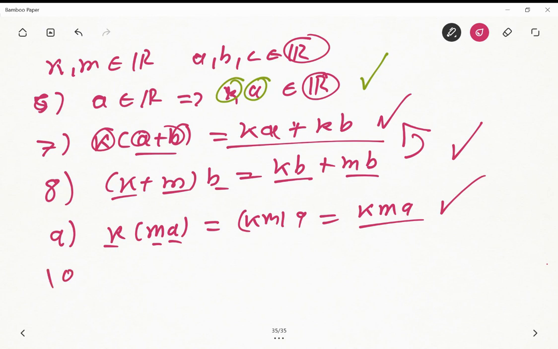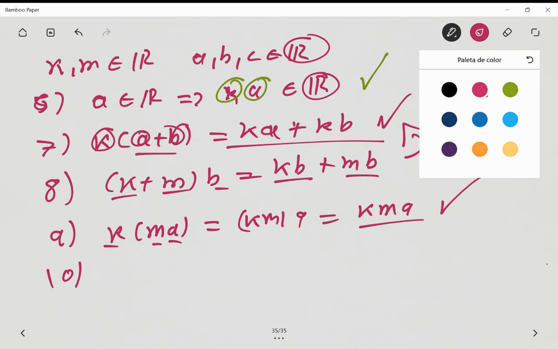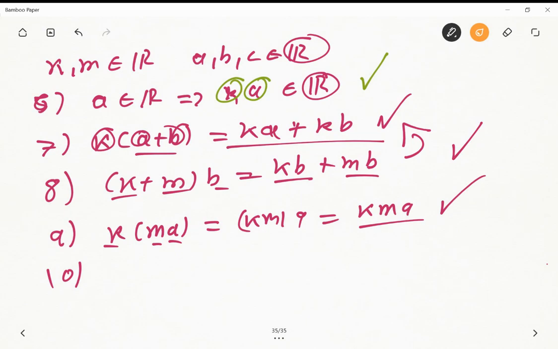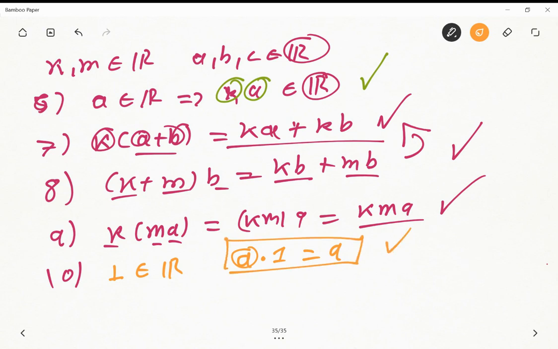And finally, the last axiom of a vector space says that there exists the identity element, that means the 1 in this case. The number 1 is an element of the reals and satisfies that if we take a real number and multiply it by 1, we obtain again the same number. So this is the identity, and it also holds in this space.